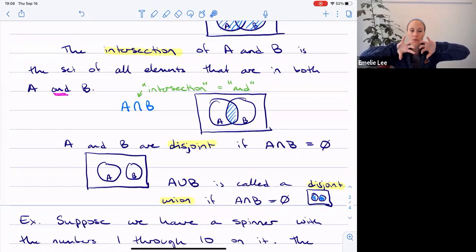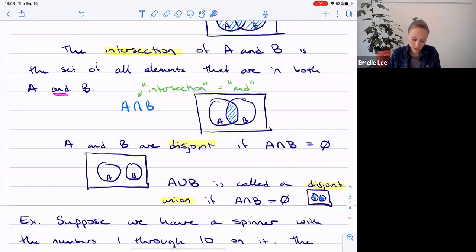So that means the intersection doesn't exist. There are no elements in common, so A and B is the empty set, no elements.